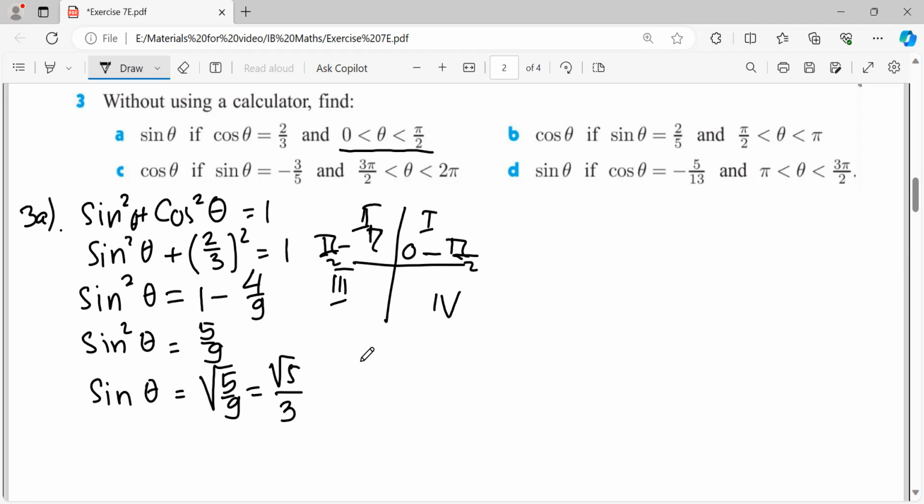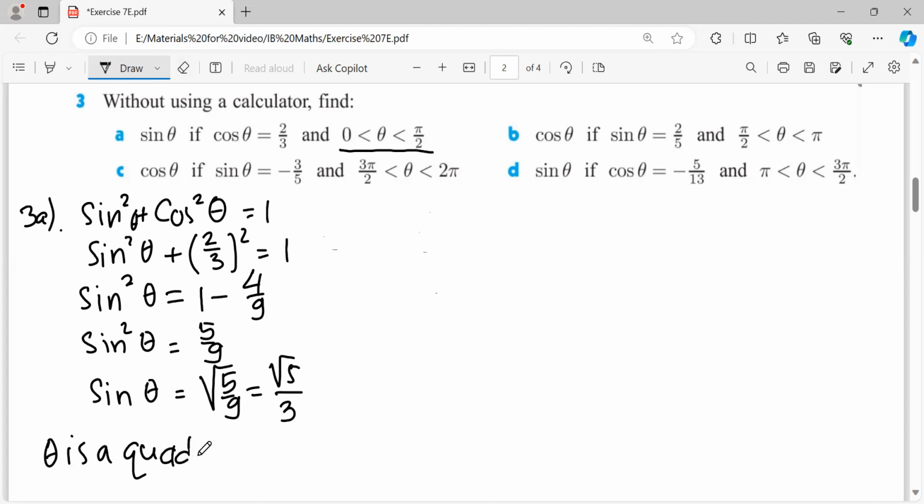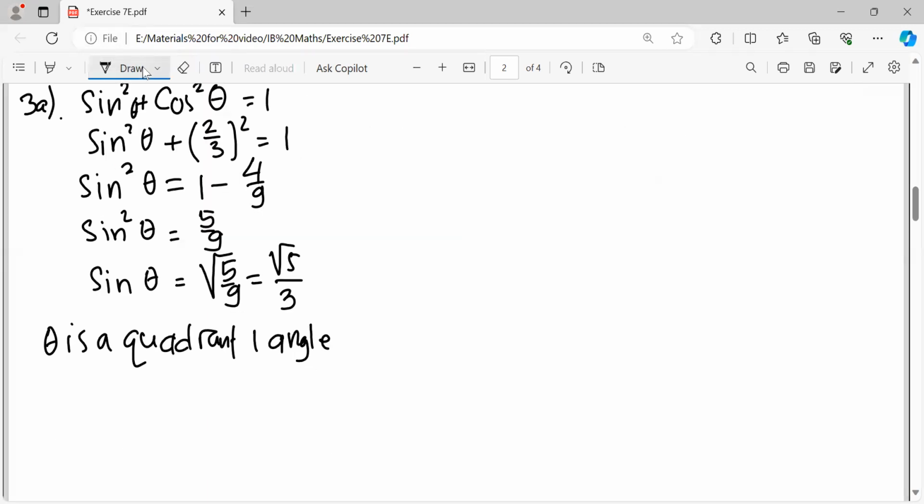So theta is positioned at quadrant 1. So theta is a quadrant 1 angle.